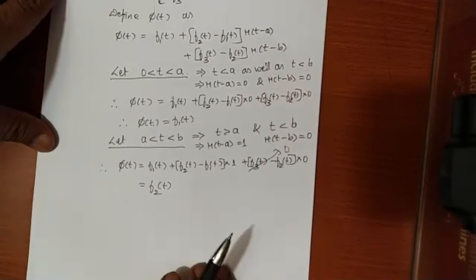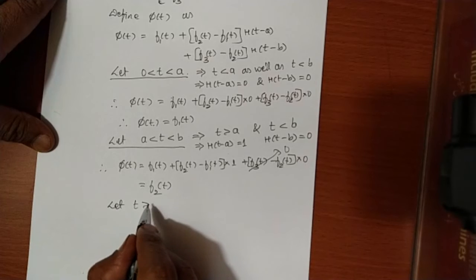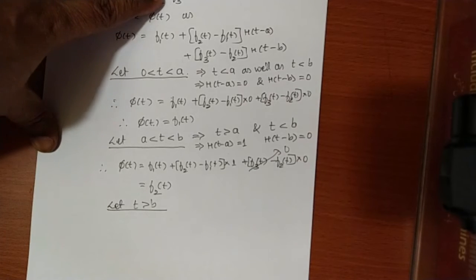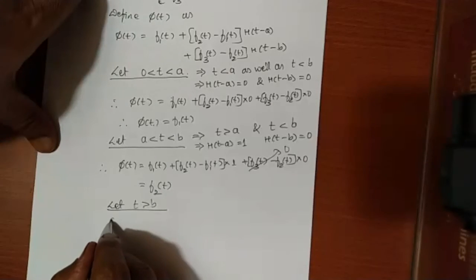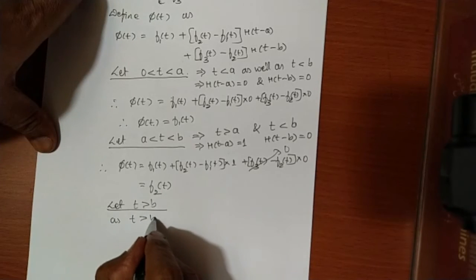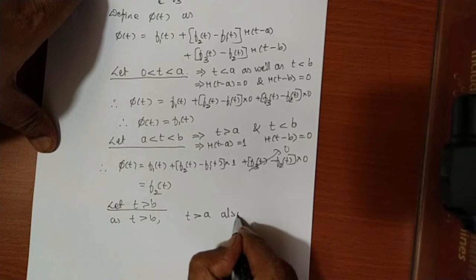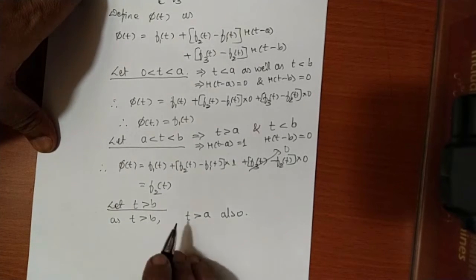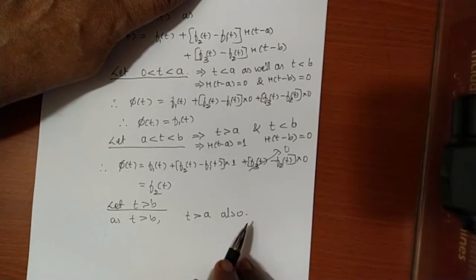Now I consider the t greater than b case. The third result, I should get is f3(t). Let us check. As t is greater than b, t is greater than a also, because b is always greater than a.